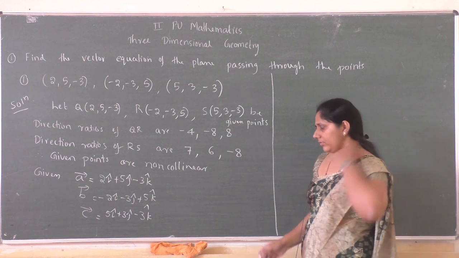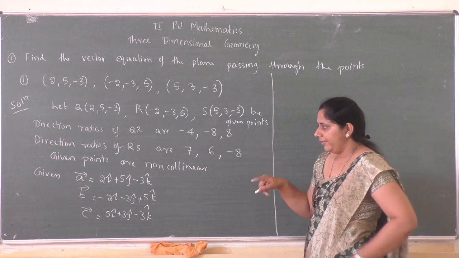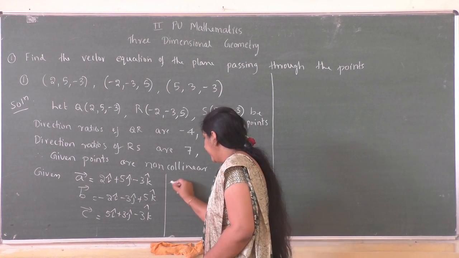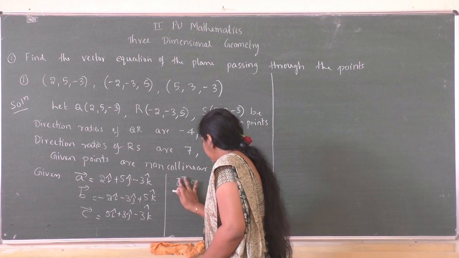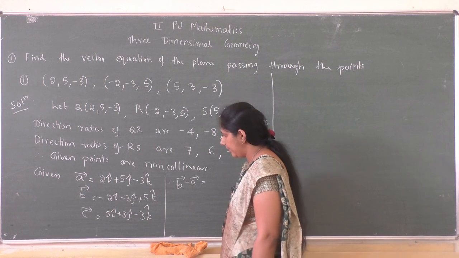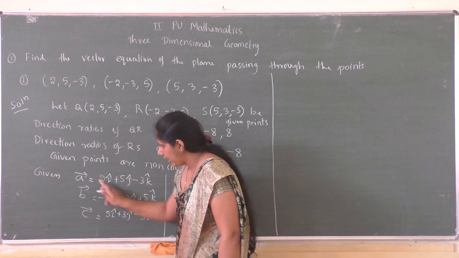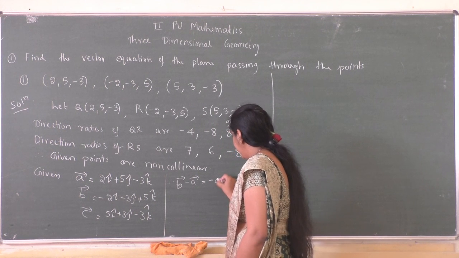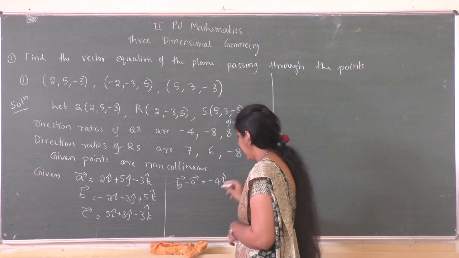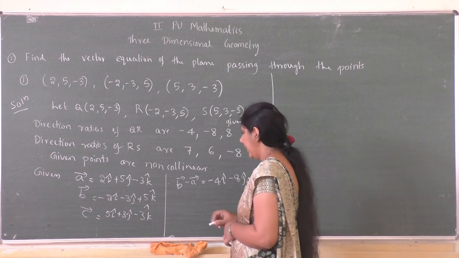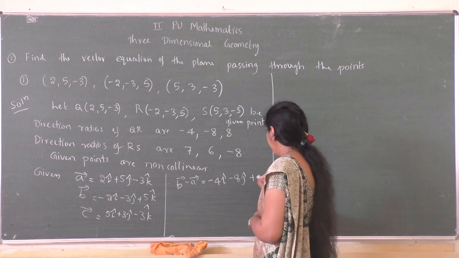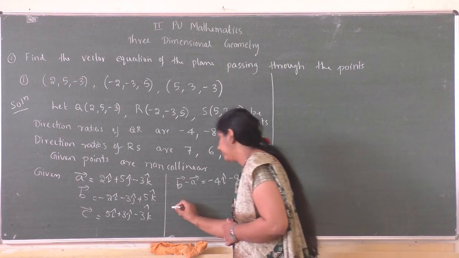Now you have to calculate B vector minus A vector as well as C vector minus A vector. Therefore, B vector minus A vector: minus 2i cap minus 2i cap, that is minus 4i cap, minus 3j cap minus 5j cap, that is minus 8j cap, 5k cap minus of minus 3k cap, that is plus 8k cap.